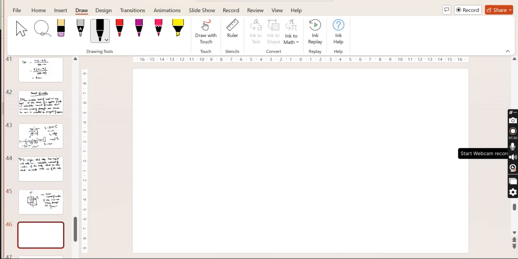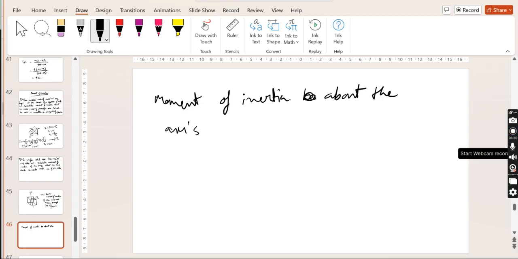So the moment of inertia about the axis will be, we need to invoke the parallel axis theorem.